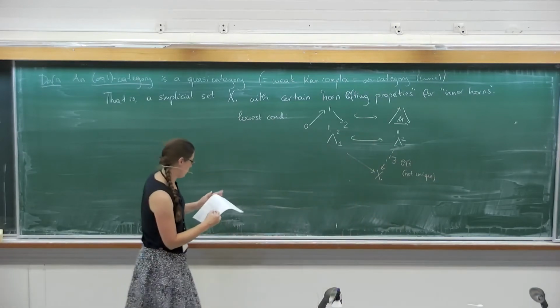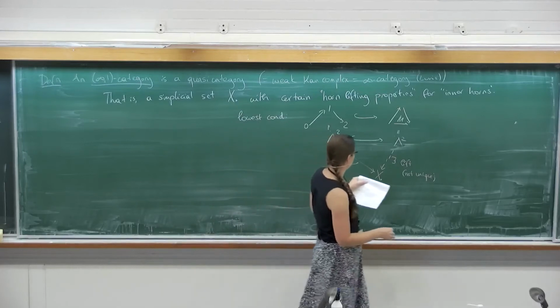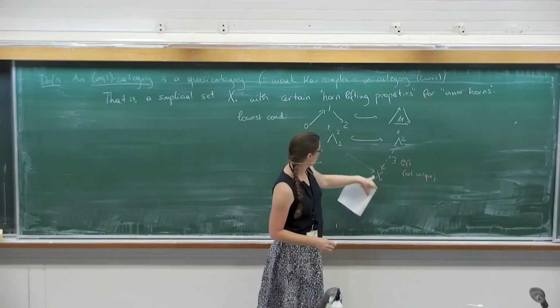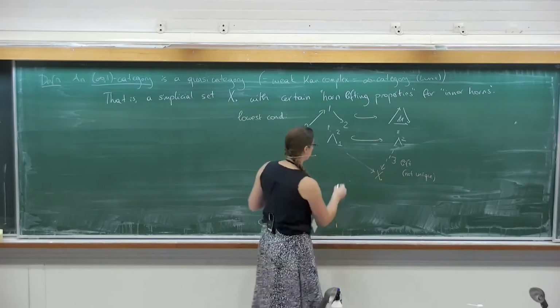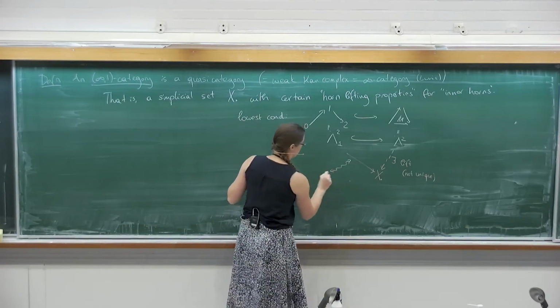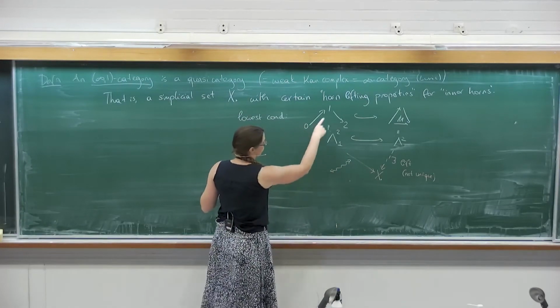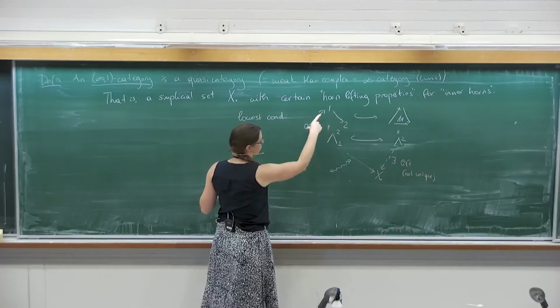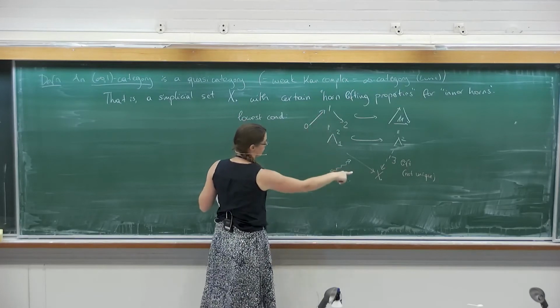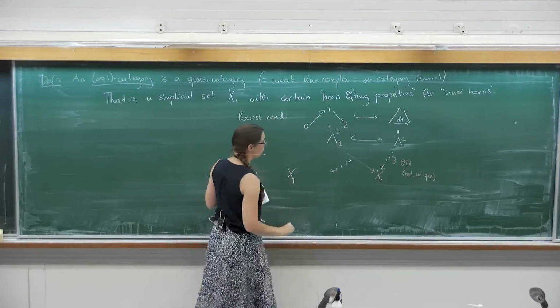So why this condition? Well, what is a map like this? We can unravel this. If I just look at this arrow and map 0, 1 to X, I just have something in X1.